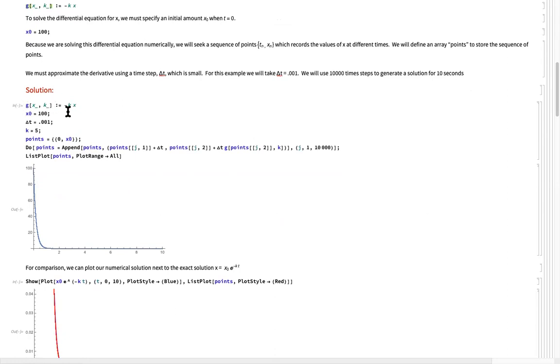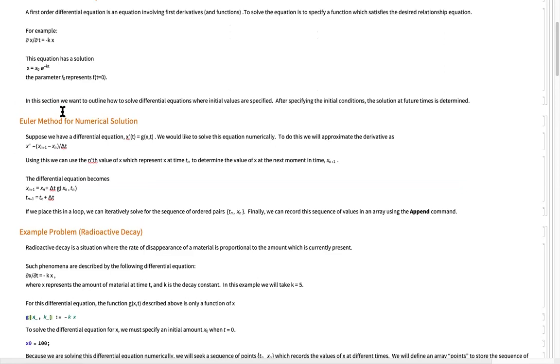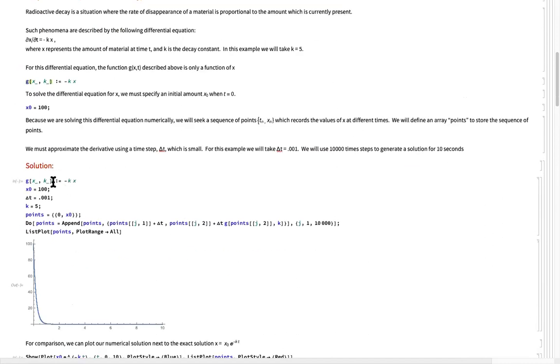Here's g. G does not have the derivatives. Remember, g is the part without the derivatives. So g is the minus k times x, the right-hand side. G is going to be the right-hand side of the differential equation as I wrote it. Okay, so g is equal to minus k times x. I specified my initial values.